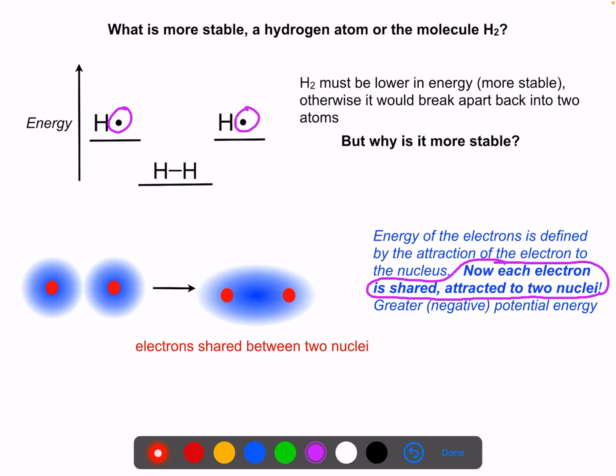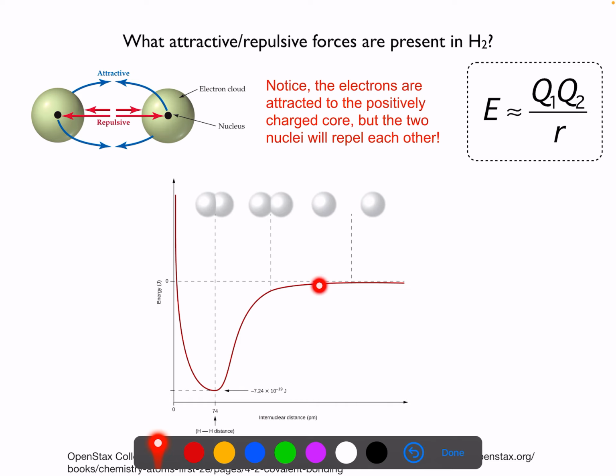And so what we can see is if the hydrogens are really far apart, we have no bond. These are two atomic hydrogens floating apart. Our energy is zero, right? Because there are no forces of attraction and no forces of repulsion between these. As these atoms start to come closer together, as we start moving this way in internuclear distance, we start to form a force of attraction, right?